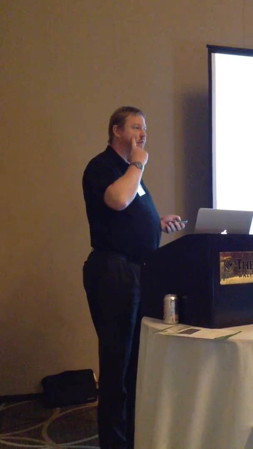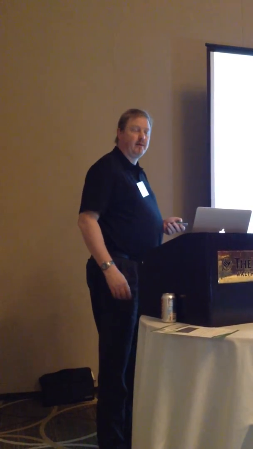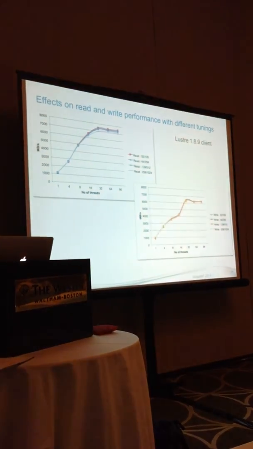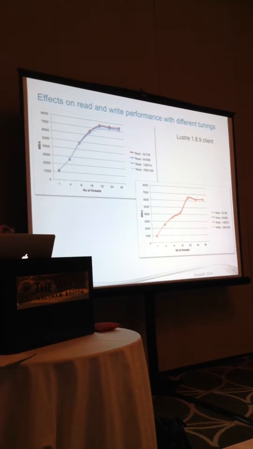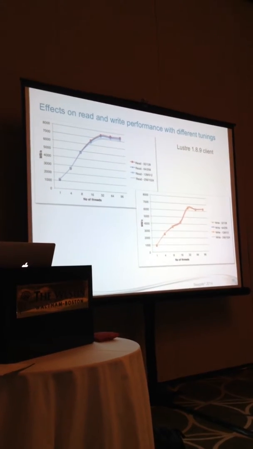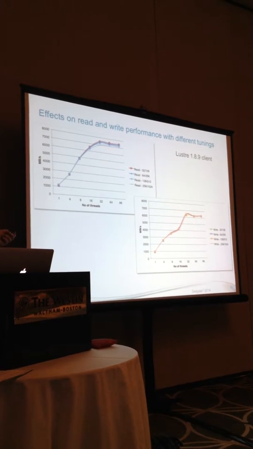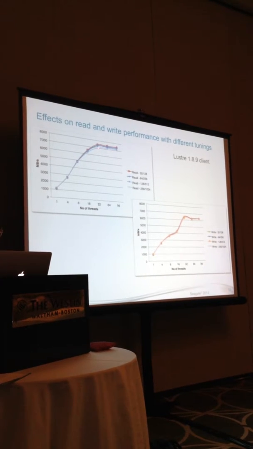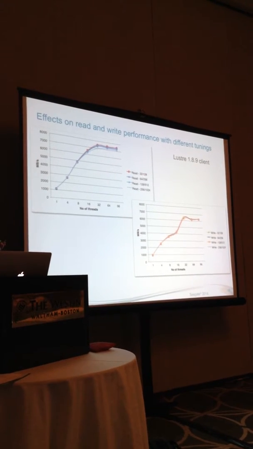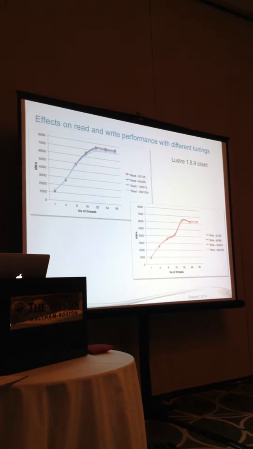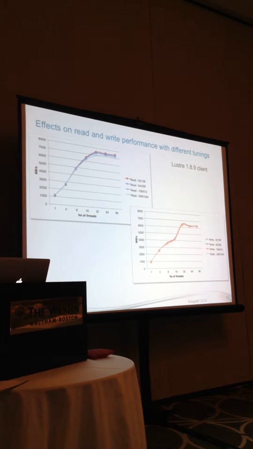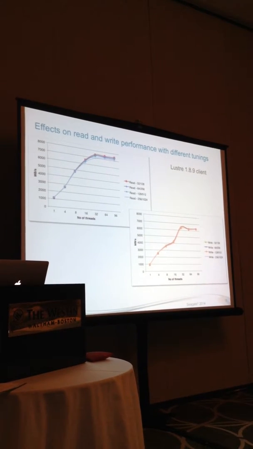We thought we would have effects of the tuning parameters to a certain degree. Now, we started looking at each client in detail, and then we looked at tuning parameters for the 189 for reads and writes. You can see we changed it logically, and you do see a little bit of effect of these, where the basic standard one that we've been recommending for the 189 is 32 RPCs, 128 megabytes in the system.